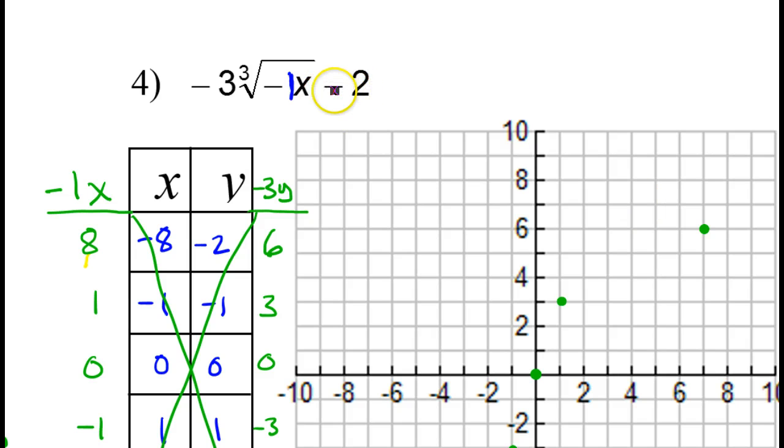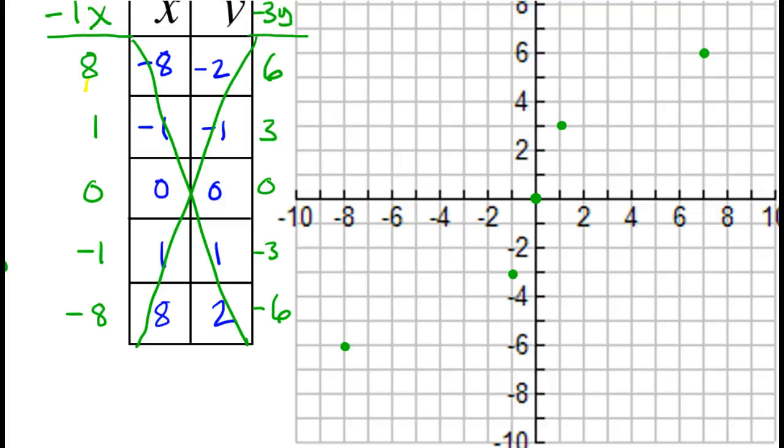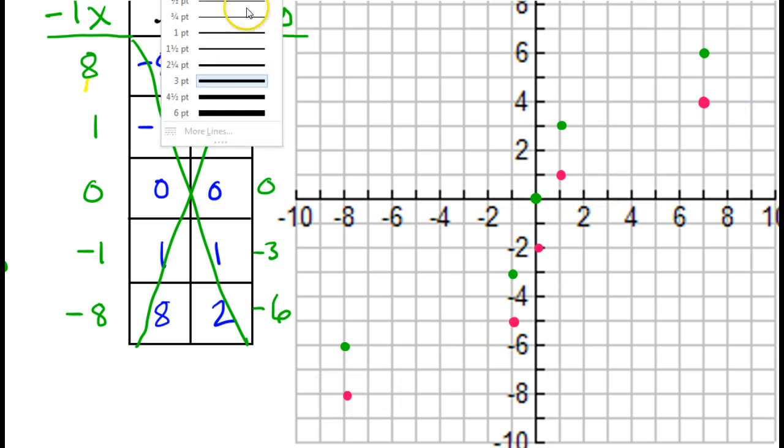This negative 2 that's not under the radical means down 2. Everything should be shifted down 2. So that is what I will do. These pink points will be the points of the actual graph, so I'm just going to move every green point down 2. All right, so these pink points represent the actual graph.